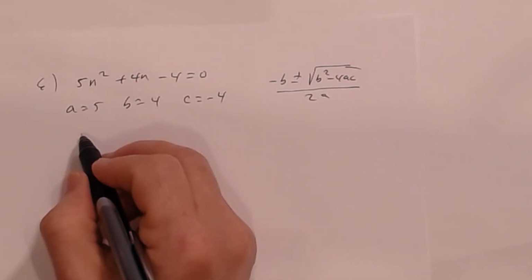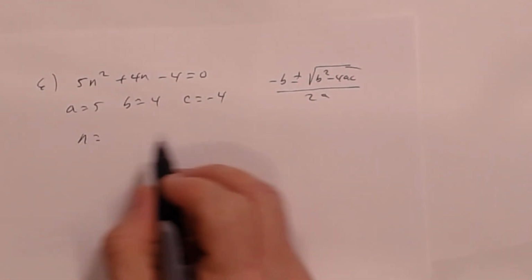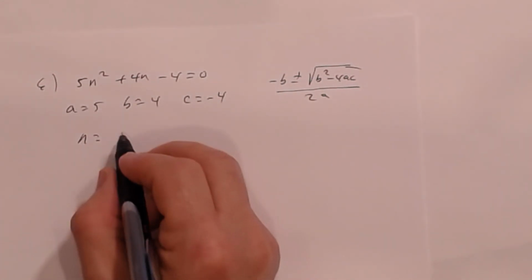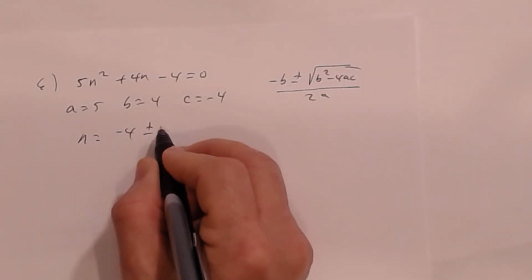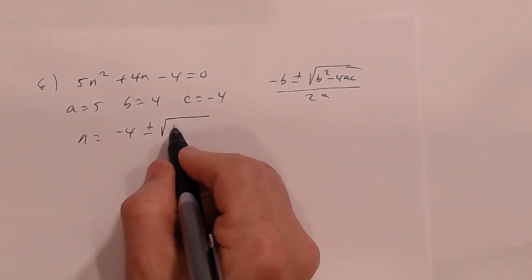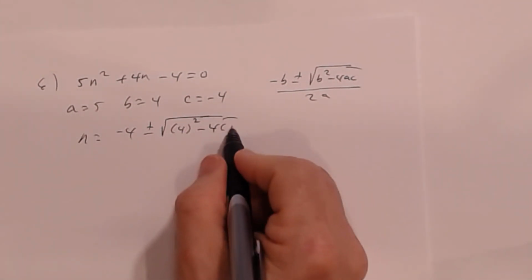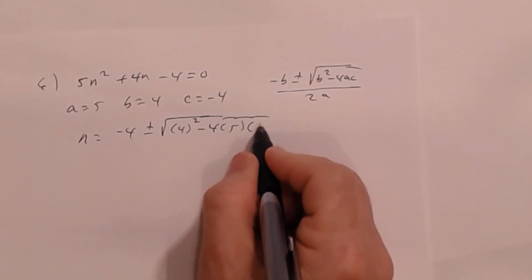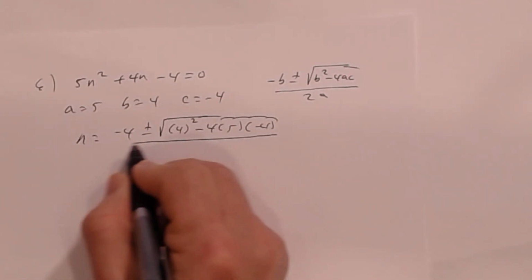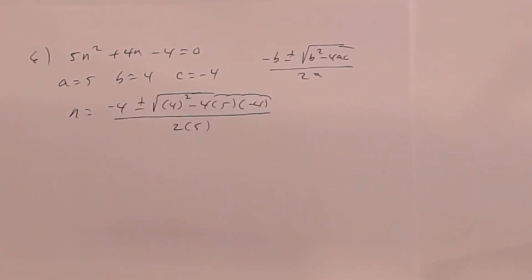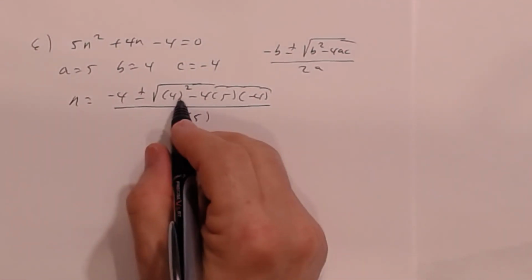So we get n equals, my variable is n, the opposite of b. So b is 4. The opposite of 4 is a negative 4. Plus or minus the square root of b, which is 4 squared, minus 4 times a, which is 5, times c, which is a negative 4. All divided by 2 times a, and a is 5. All right, and so let's simplify the radicand.